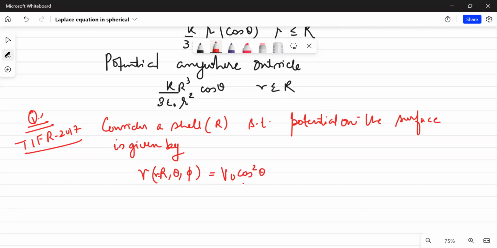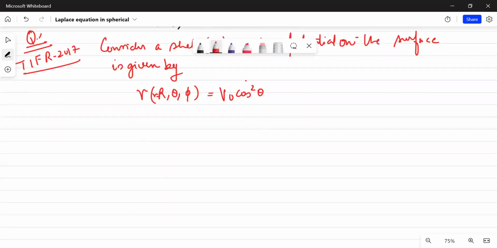This is something that we've done already, but since in TIFR it was asked, so I'm just revising all the concepts so that you should understand what is the format of question that is asked.